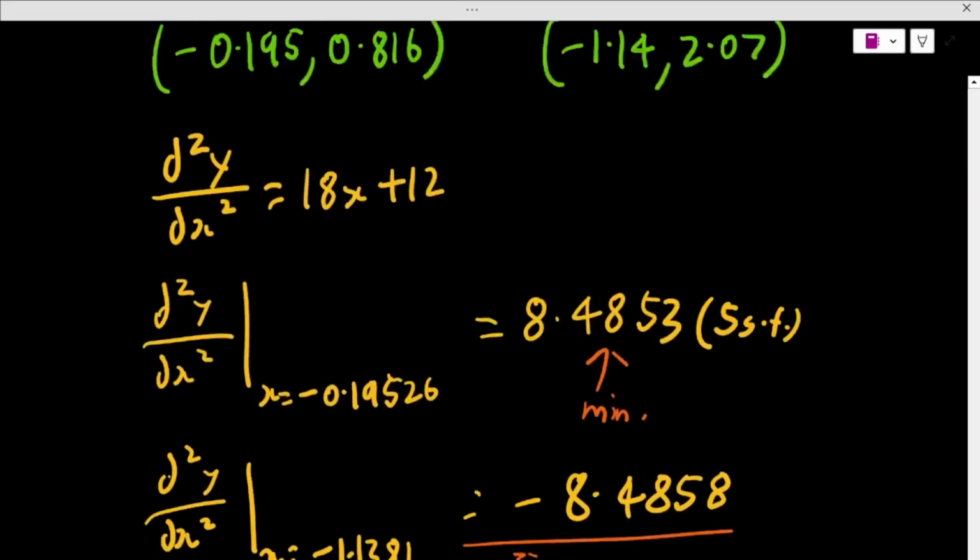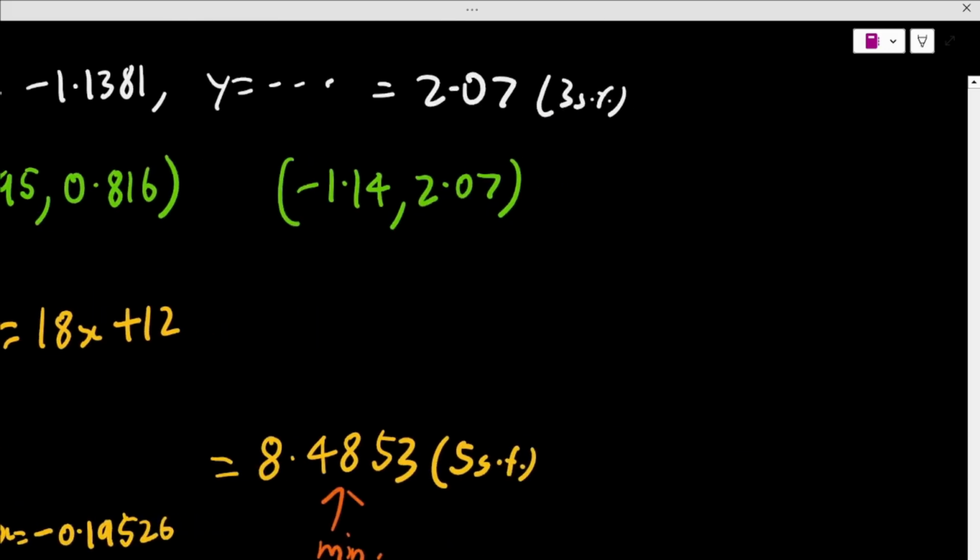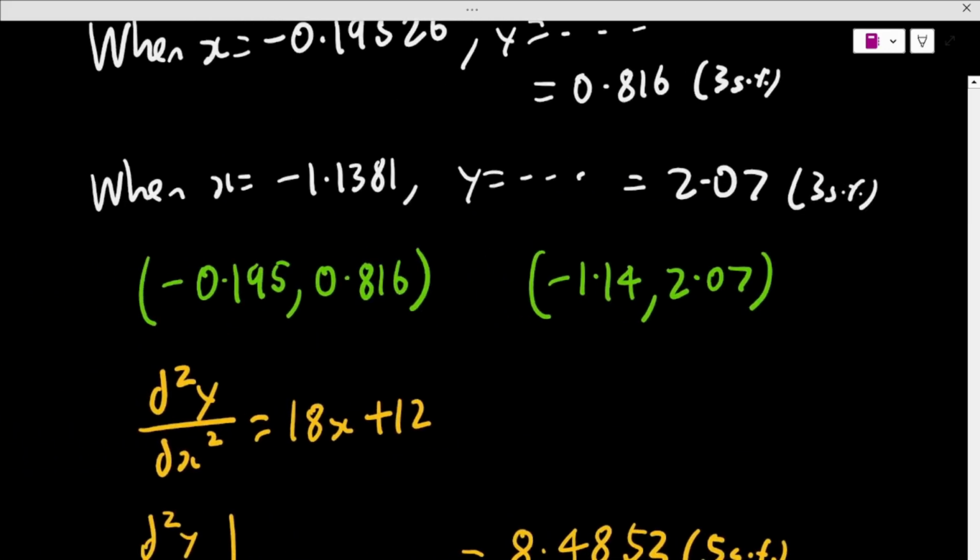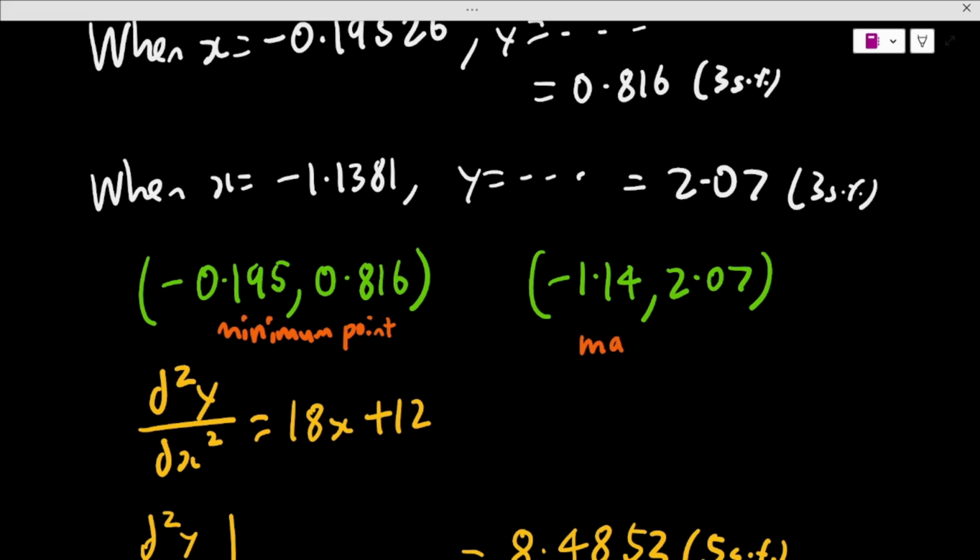So therefore, we can finally conclude that negative 0.195, 0.816 is a minimum point, while negative 1.14, 2.07 is a maximum point.